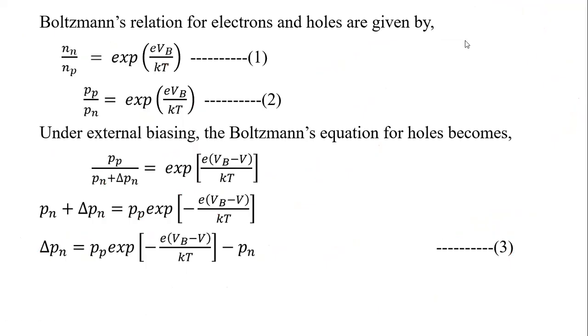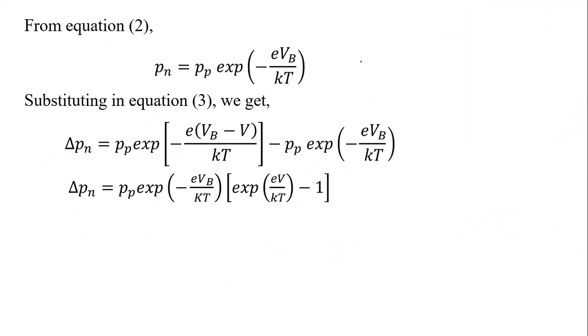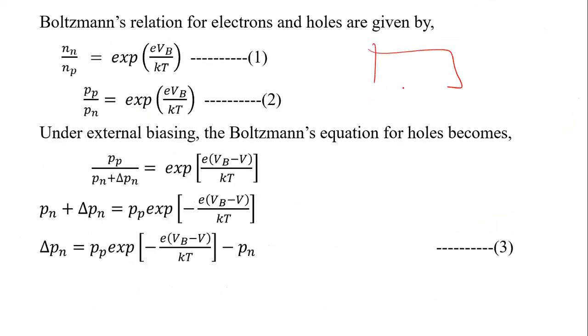Now, there is this relation called the Boltzmann relation for electron and hole concentrations, which again we will directly use. Suppose you have an n-type semiconductor, where Nn is the majority charge carrier concentration and Pn is the minority.